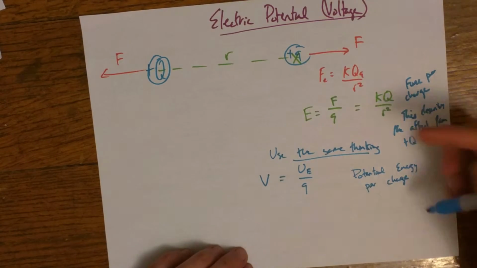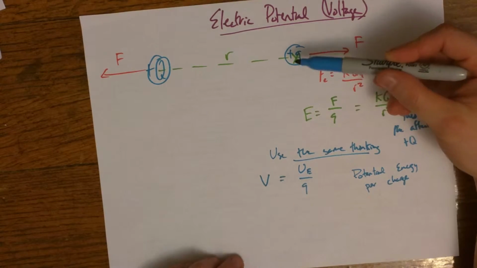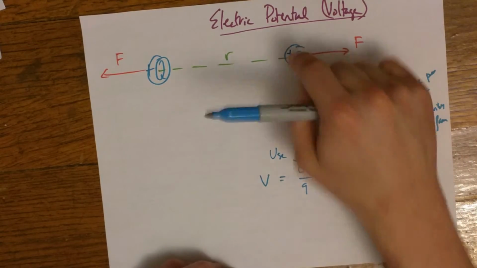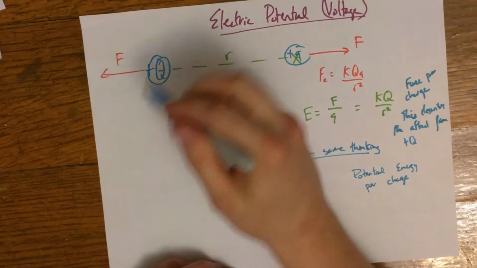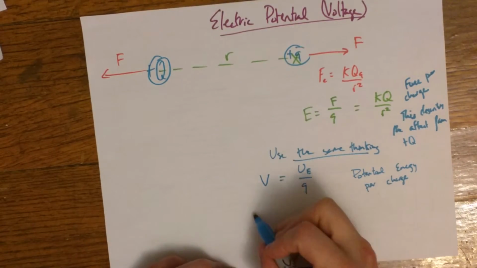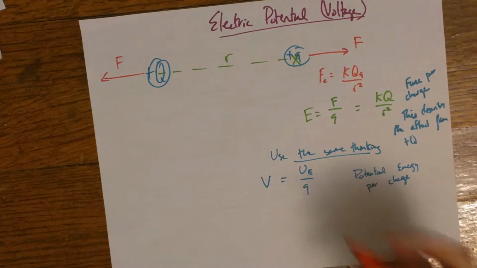So it also describes something about this point in space that is irrelevant of the actual charge there. It's only going to speak to the effect from this capital Q charge. So for point charges, that's all we're looking at thus far.